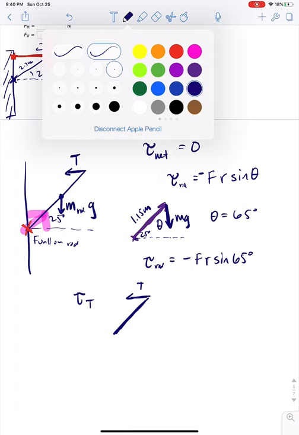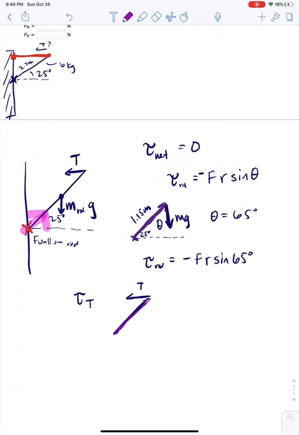So now this is our r. Our r is 2.3 meters. Theta here, this time, is the same as this 25 degrees. Okay, so those are opposite interior angles, which are equal to each other in geometry.